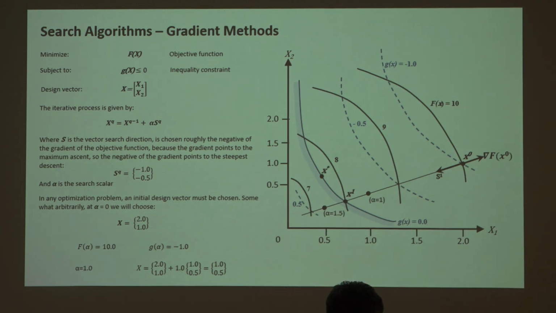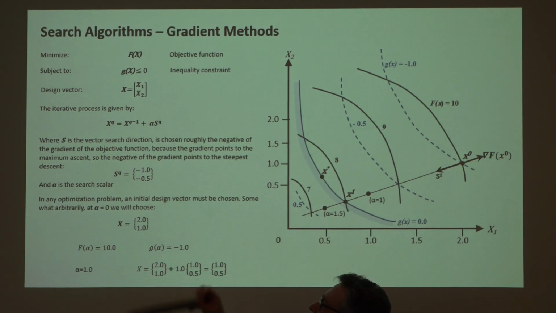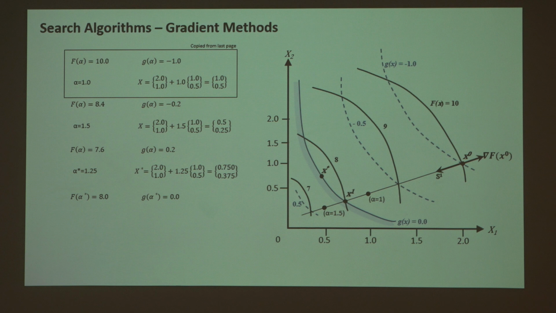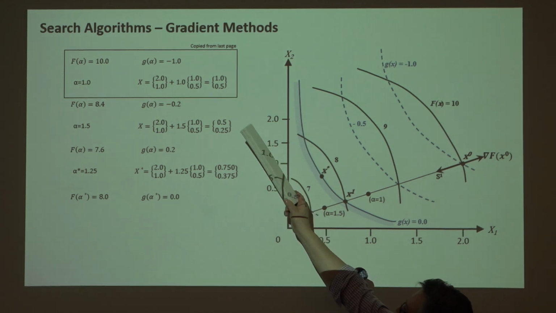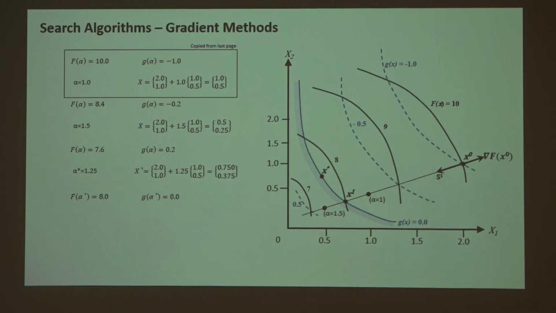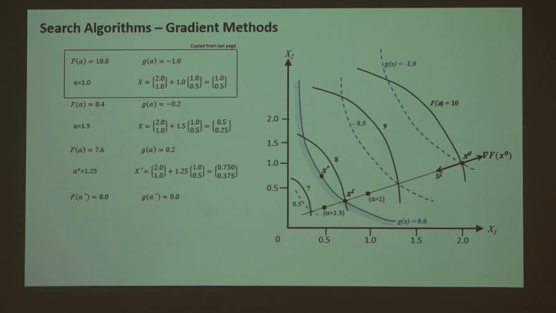Plug in your search direction and your alpha, your step, and you come up with an x value, and then you can calculate f for that. So if your first step is 1, heading in that s vector direction, the value becomes 8.4. You went from an objective function f of 10 to 8.4. So you went down, and that's a good direction.